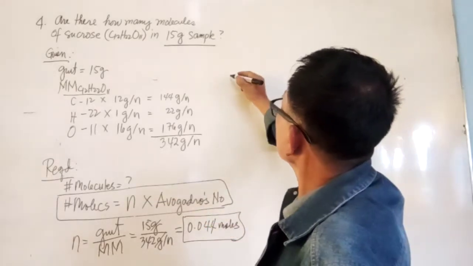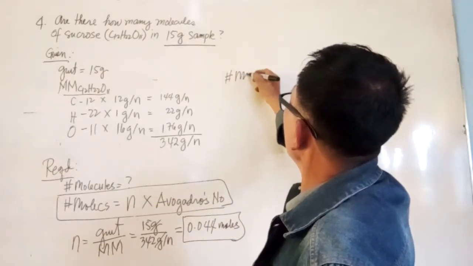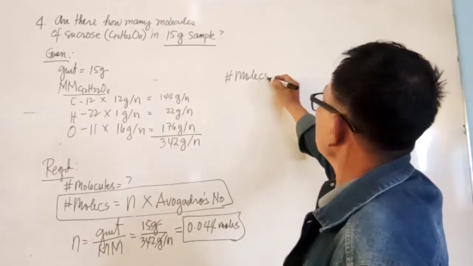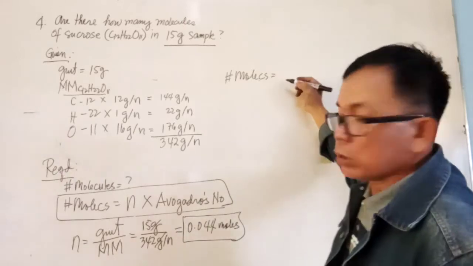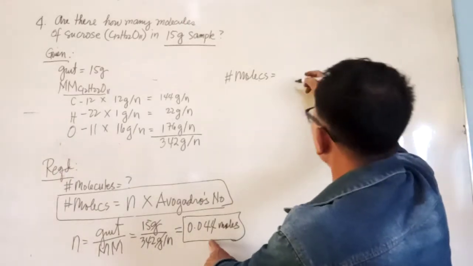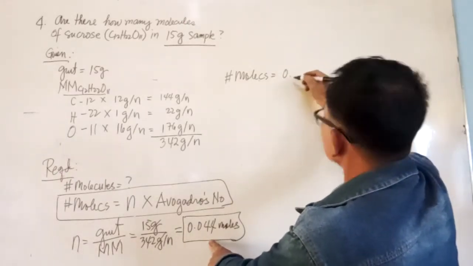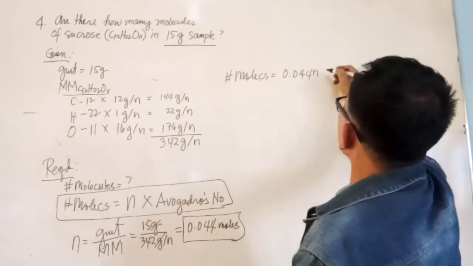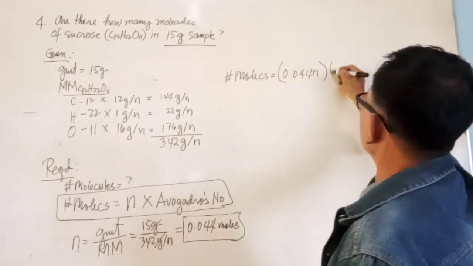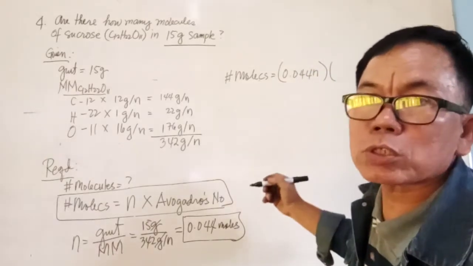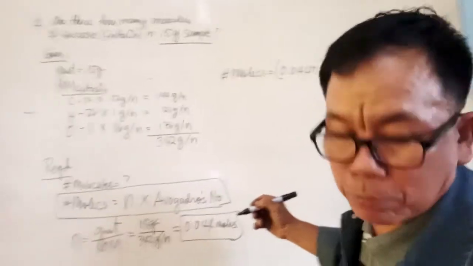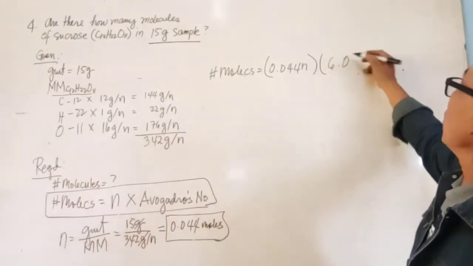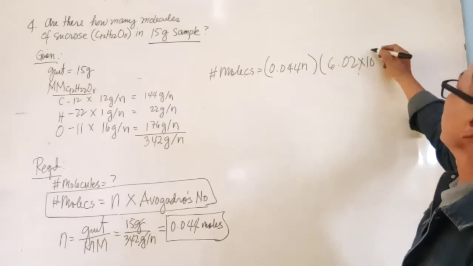Okay, so that the number of molecules of sugar in 15 gram sample is now equivalent to the number of mole, which is 0.044 mole, multiply that by the Avogadro's number, which is equivalent to 6.02 times 10 to the 23rd.